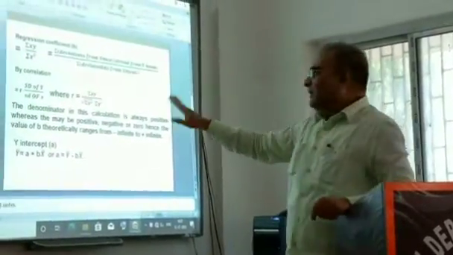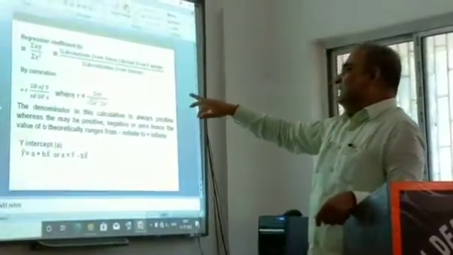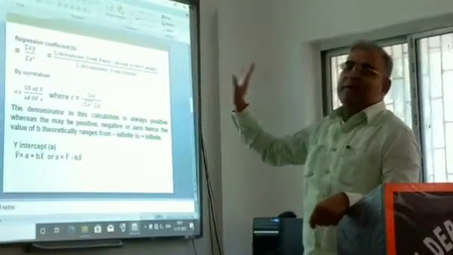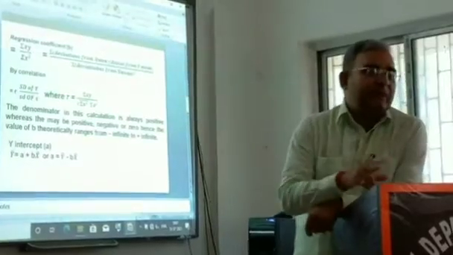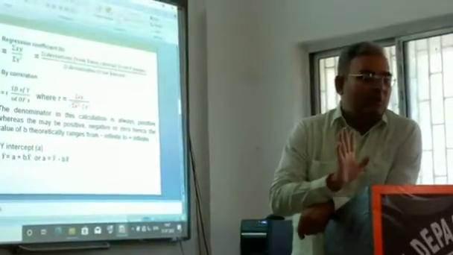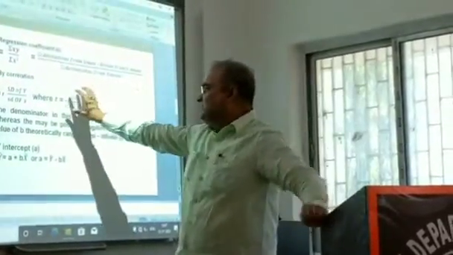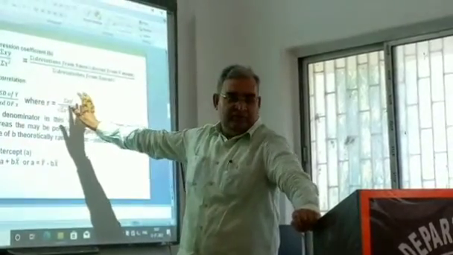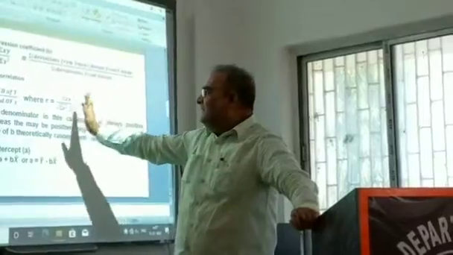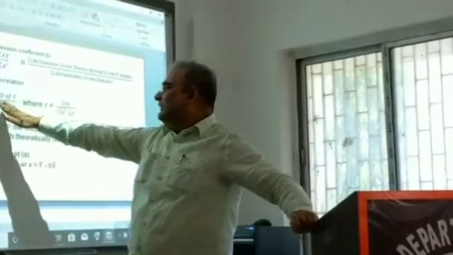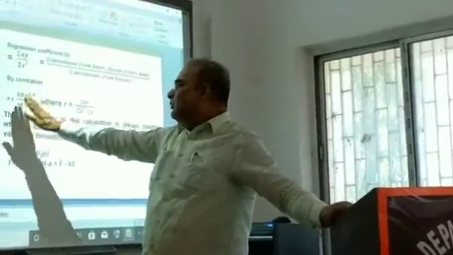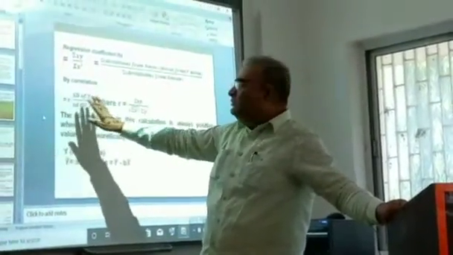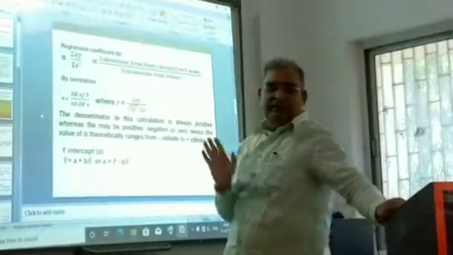Okay? R represents the summation of xy divided by the root of the summation of x square multiplied by the summation of y square. This one is the correlation. This value represents the correlation. Okay? And then you put the value of the correlation here, with the standard deviation of y divided by the standard deviation of x. That means you can easily calculate the regression coefficient.